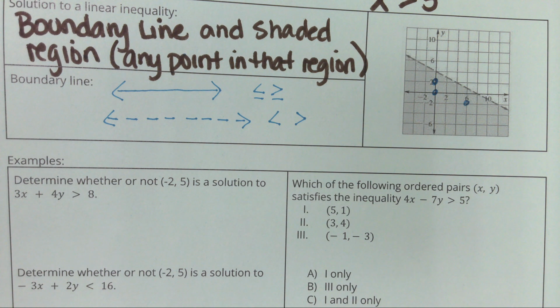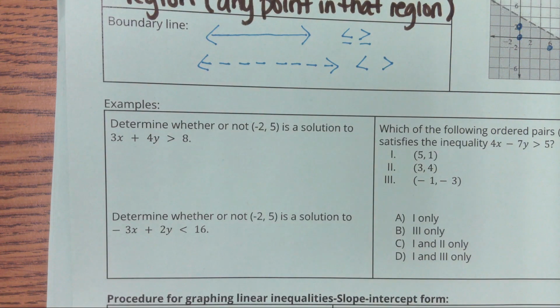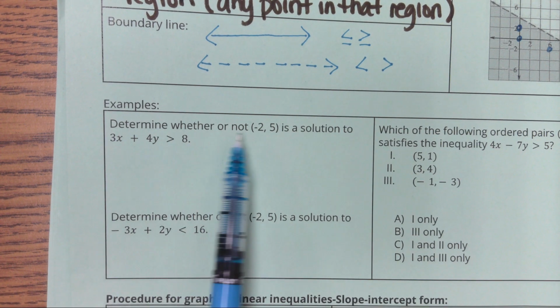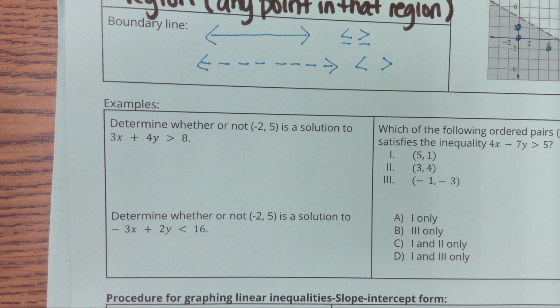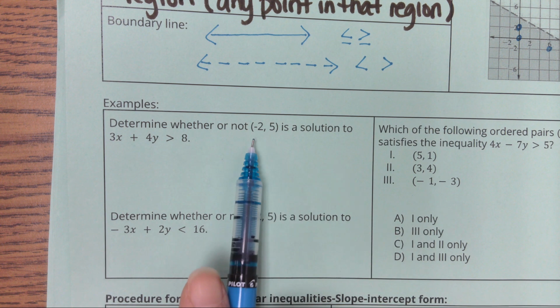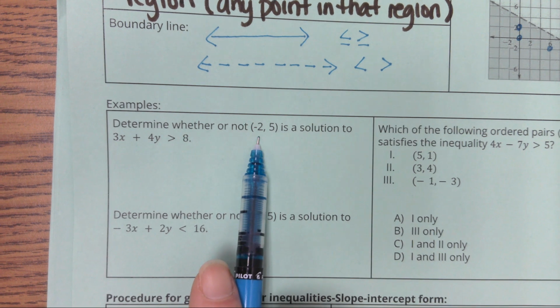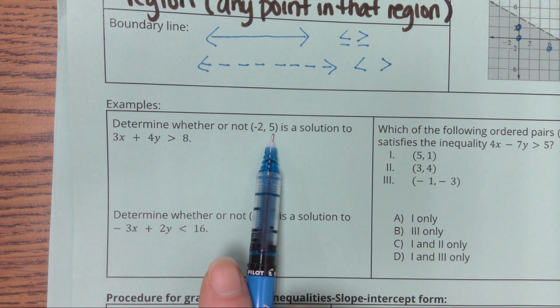All right, let's try one. Well, first of all, let's decide if it's a solution or not, okay? How we check if it's a solution is we're going to plug the point in, and we're going to see, does it make the inequality true? Is this an x value or y value? So I'm going to plug it in for x. Is this an x value or y value?